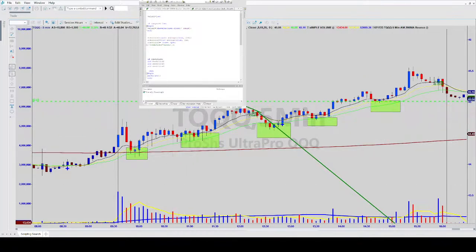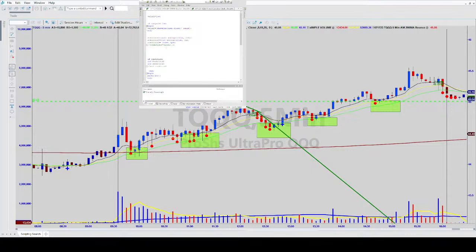Because now we don't even have condition 4 in there? Oh, yes we do. Okay, got condition 4 down here, but it's not defined anywhere. That won't give an error, but it still won't populate for some reason.